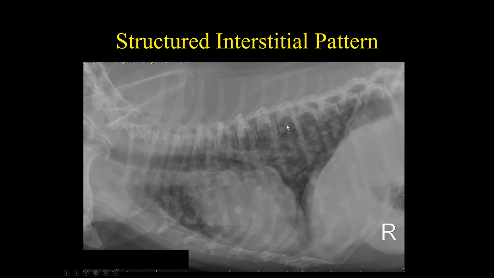So again, in veterinary medicine, it's a little bit different than in human medicine. In veterinary medicine, say this dog is maybe 10 years old, the dog's coughing, and we radiograph the lungs and we see these nodules. Then you go back to the owner and you say, hey, Miss Jones, unfortunately, your dog's got all these nodules all over his lungs, which typically is going to be metastatic lung disease.